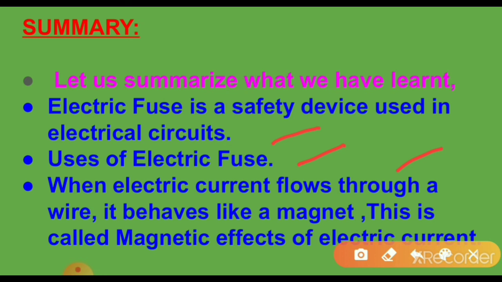So I hope you all have understood this lesson. We discussed the electric fuse and types of electric fuse, why the electric fuse is a safety device, and why it is used in electrical sockets. And when electric current flows through a wire, it behaves like a magnet, known as the magnetic effect of electric current.